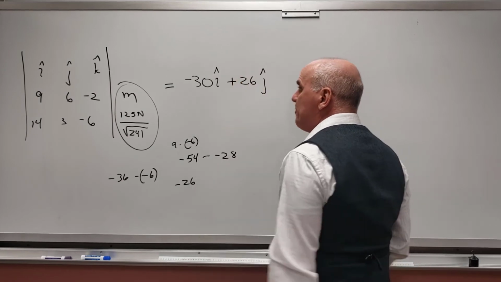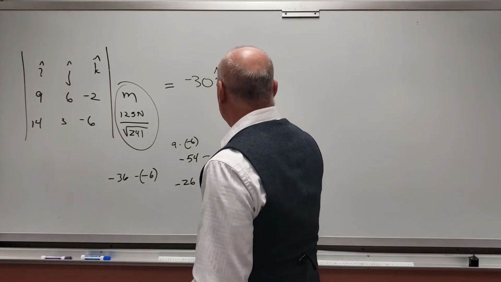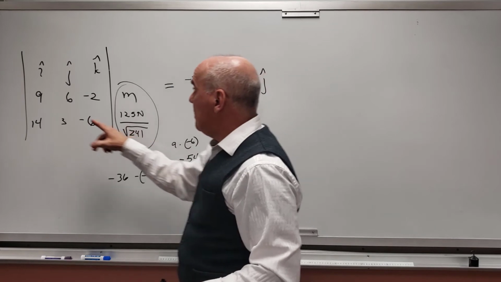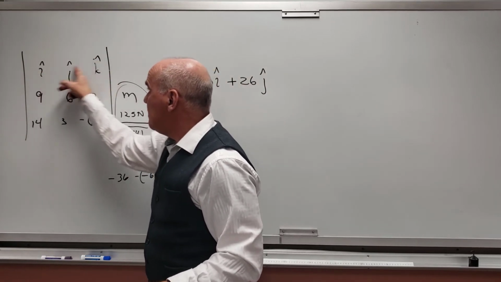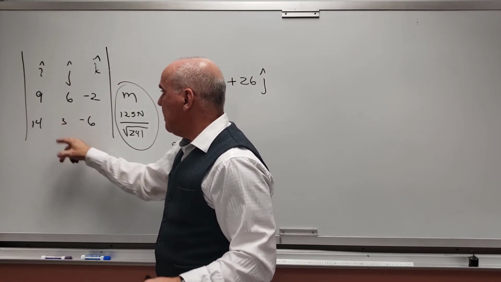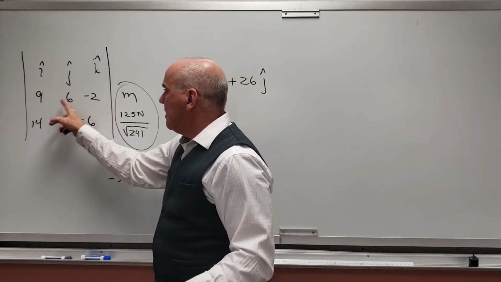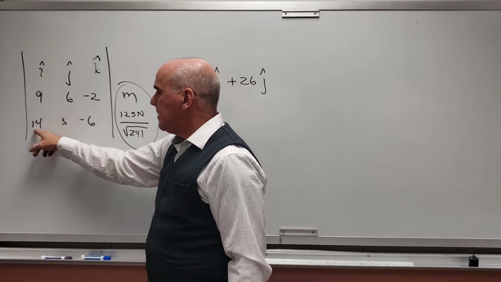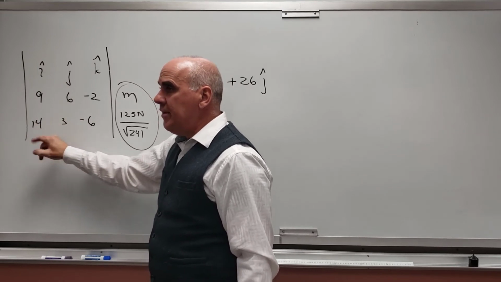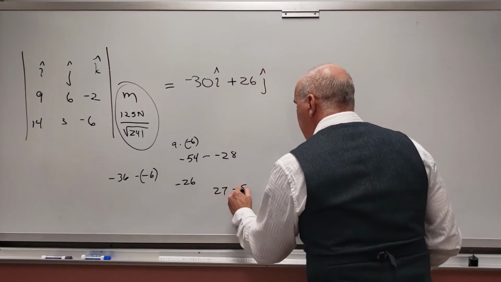26 j hat. And then finally in the k hat direction, I'm going to take out the k and the ijk. I get 9 times 3, that's 27. Minus 6 times 14, that's 84.